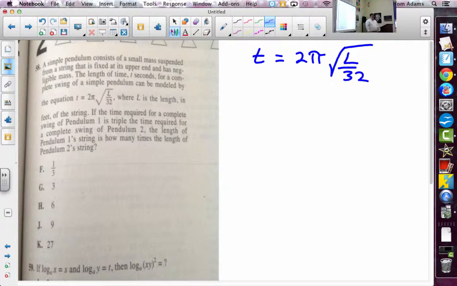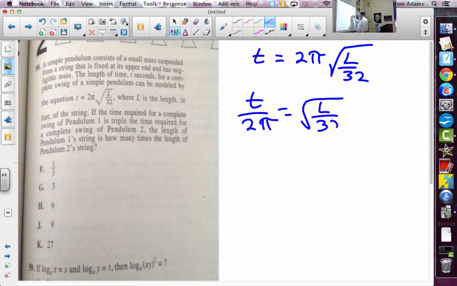There's a gazillion ways to do it, but what are your thoughts? We want to solve algebraically for L. Well, let's just divide both sides by 2 pi. So I've got t over 2 pi is equal to the square root of L over 32.